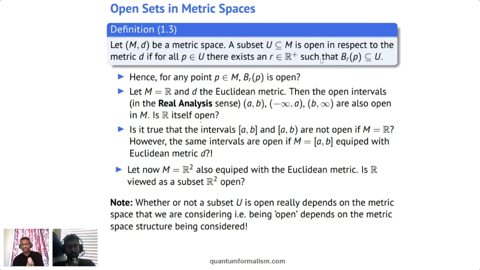Well, you look at the definition here, and then you will be able to answer this. I really encourage you, if you are struggling to see this, to go and try to answer it by yourself, because this is really important.